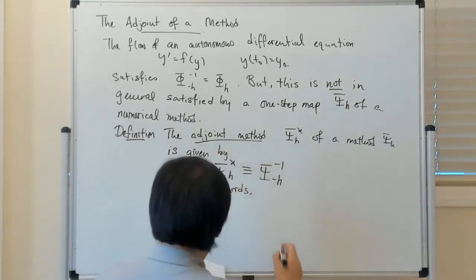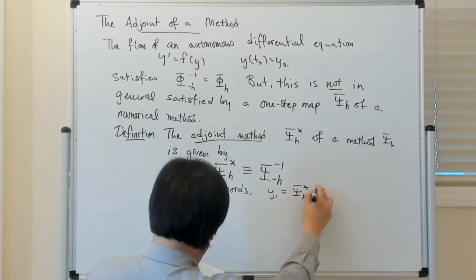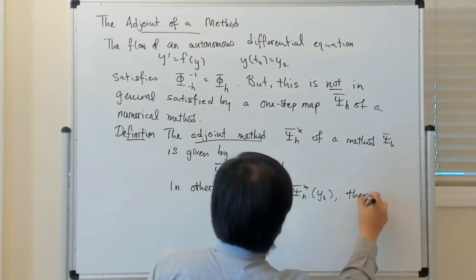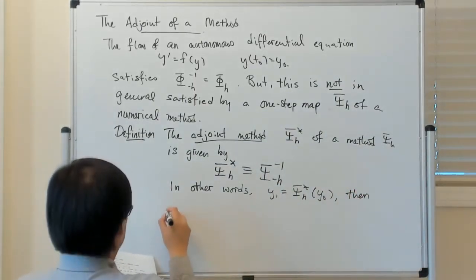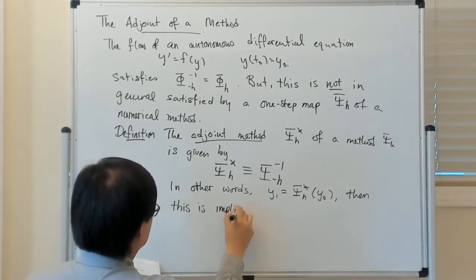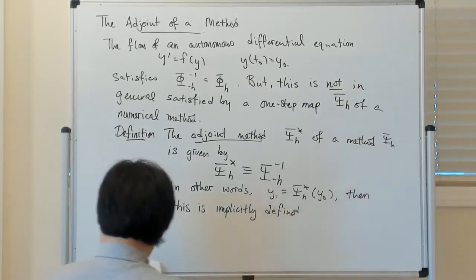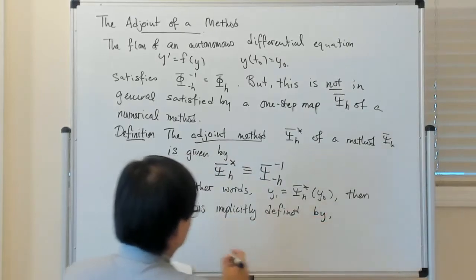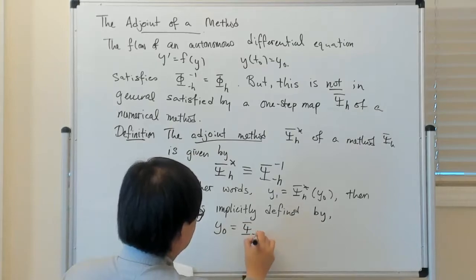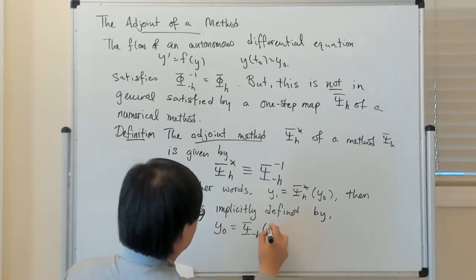If you have that y1 is the adjoint of some initial condition y0, then this is implicitly defined by the condition that y0 is equal to the negative time one-step method applied to y1.